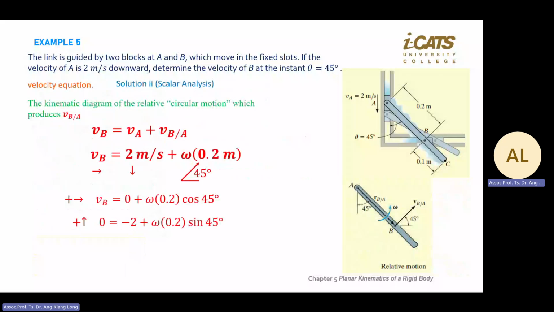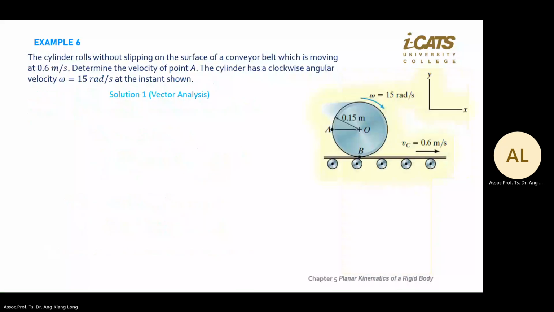So your VB is always tangent to the curve. So you know this is 45. Always tangent.